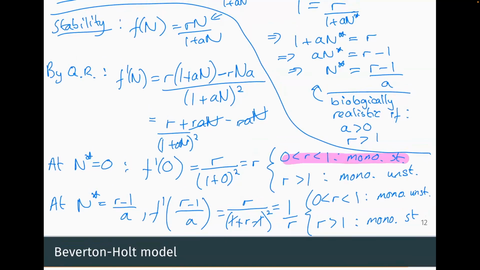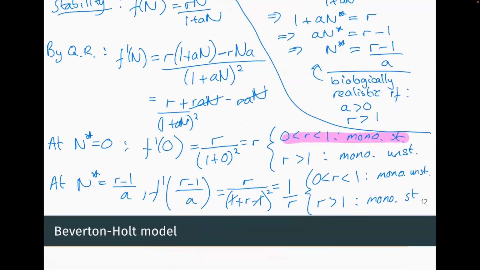When r is less than 1, the one at the top is monotonically unstable, and this one here is monotonically unstable. And then as we pass through 1, when r is equal to 1, we now have that our trivial equilibrium is monotonically unstable, and our carrying capacity is monotonically stable. So they switch stabilities, right?